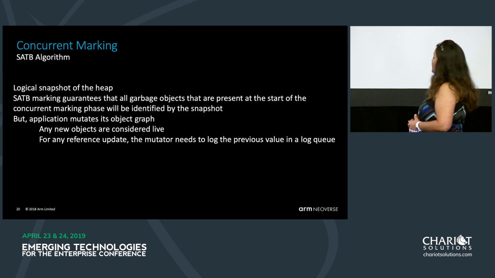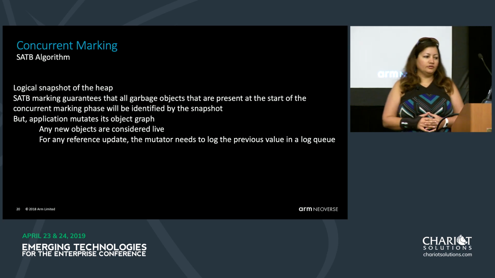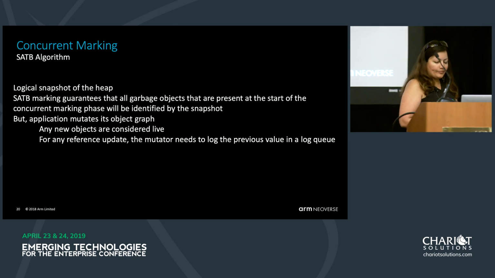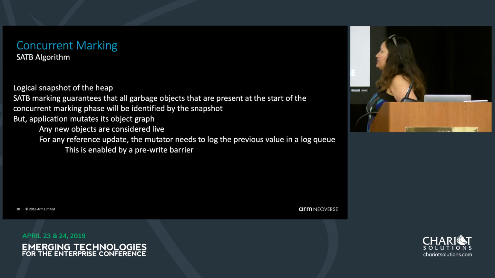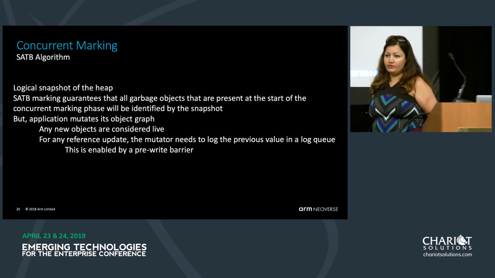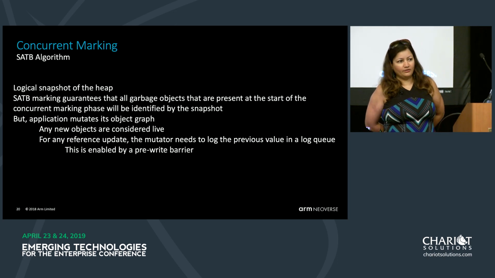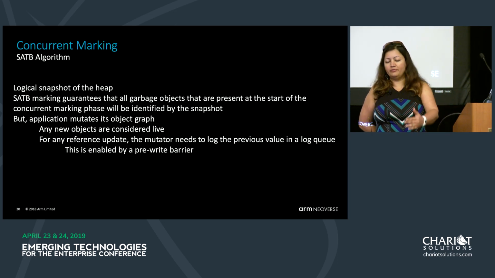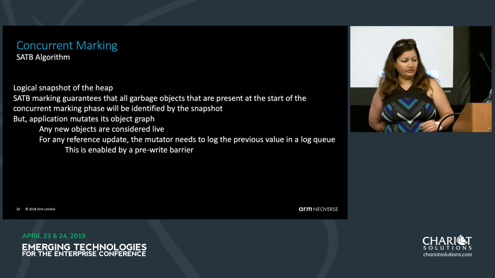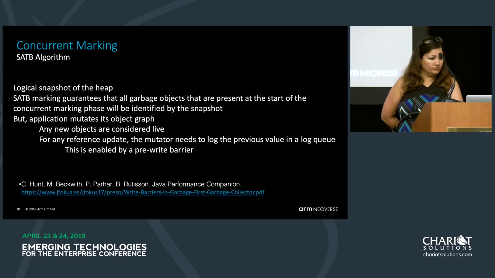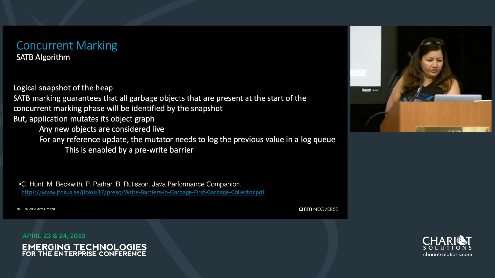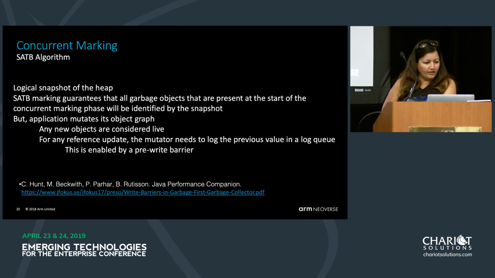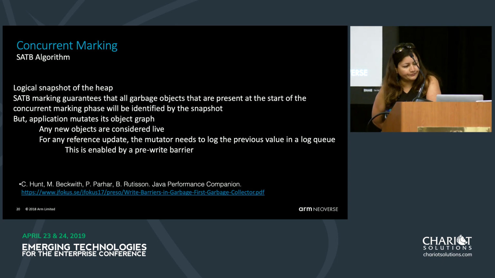These are your SATB buffers, the log queues. In order to track any reference update, you need a pre-write barrier. So before you make that update, before the write, you need a barrier to guarantee that you're tracking the previous value. These are all much clearer if you look at these slides, and there's a book as well.